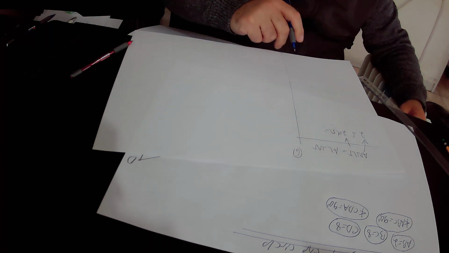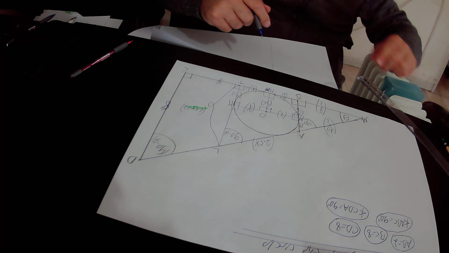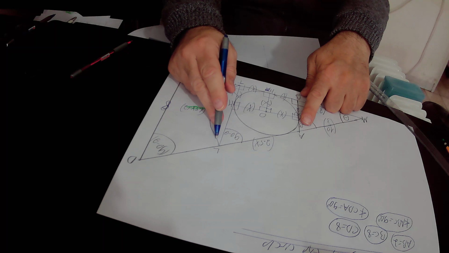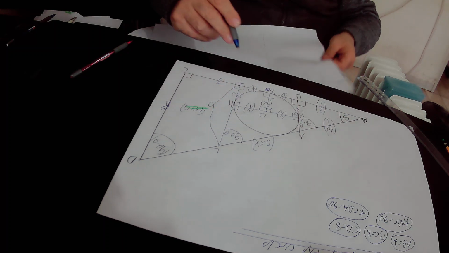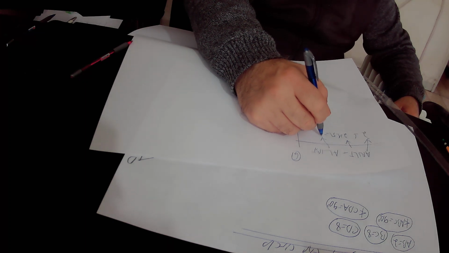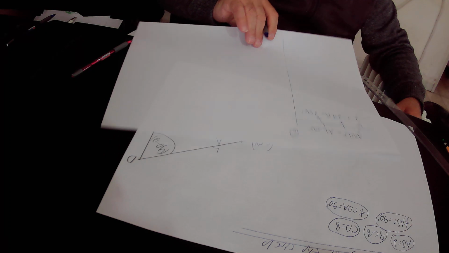And it equals AL. AL equals 2.5x, therefore we substitute AL by 2.5x, plus BT.